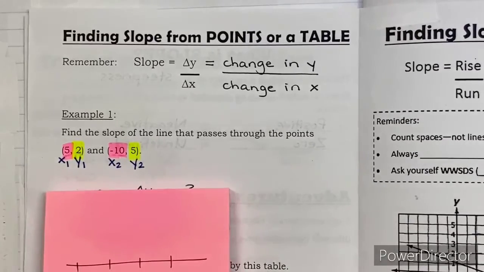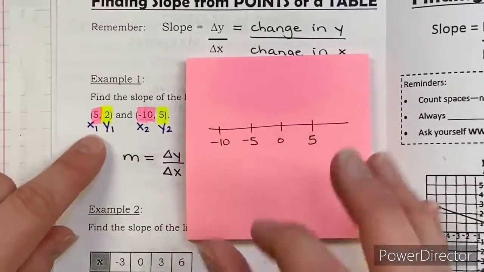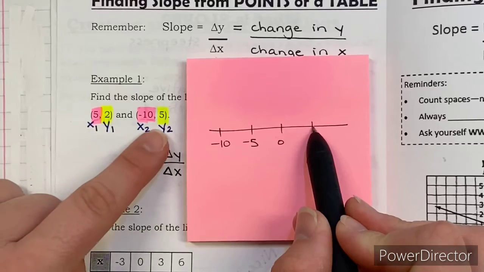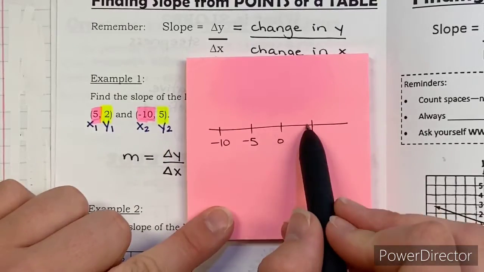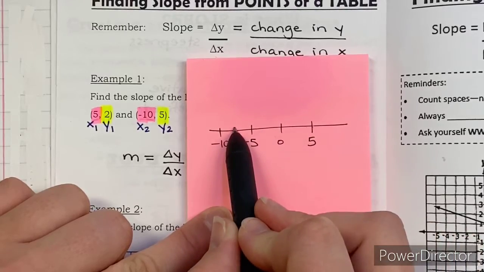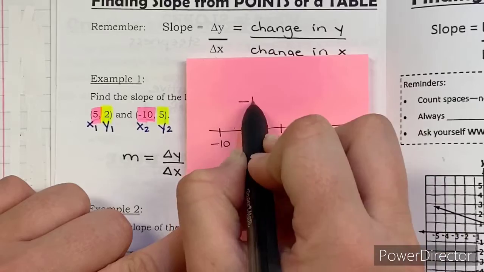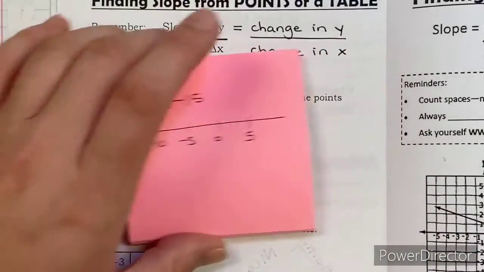I'm trying to move from 5 to negative 10. Each one of these gaps, the way that I've drawn it, is 5. So 5, 10, 15. But I went in the negative direction, so this is going to be negative 15.